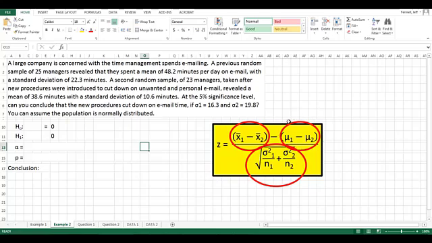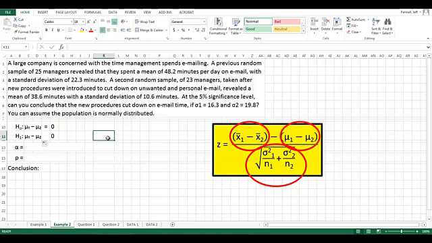These symbols here are what should go into my hypotheses. So our null hypothesis is that there is no difference between these two things, where we get mu1 minus mu2 is equal to 0. The alternate hypothesis is again about mu1 and mu2.